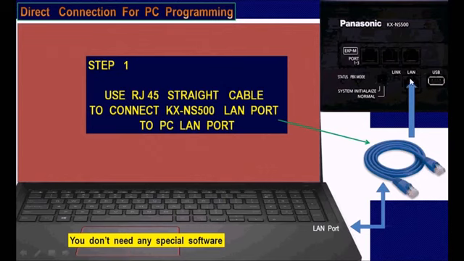First, connect the straight RJ45 cable from the LAN port on the main unit to the LAN port on your PC. This is the first step, and you don't need any special software to interface and program the system.